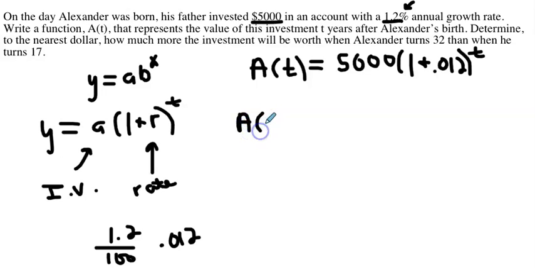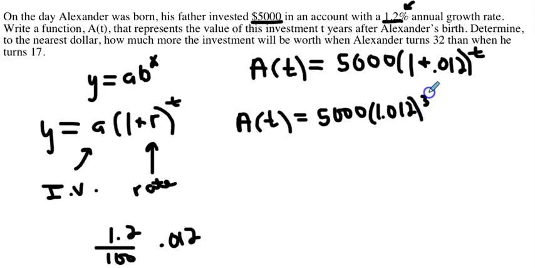So the first thing we'll do is say, okay, well, how much will he have when he's 32? And we'll substitute in 32 for t. If we do that, we're going to get 5,000 times 1.012 to the 32nd power. And we can put that in our calculator. When we do that, we get 7323.967.